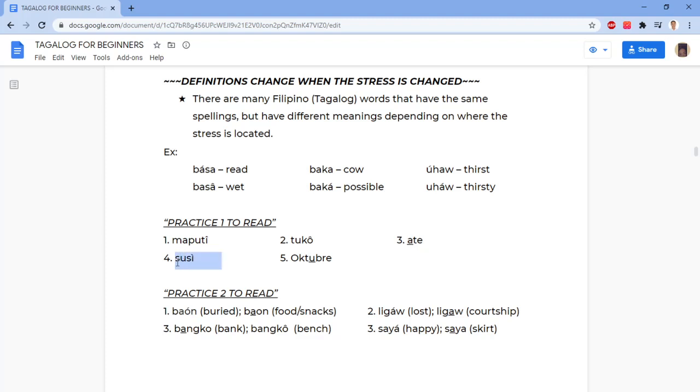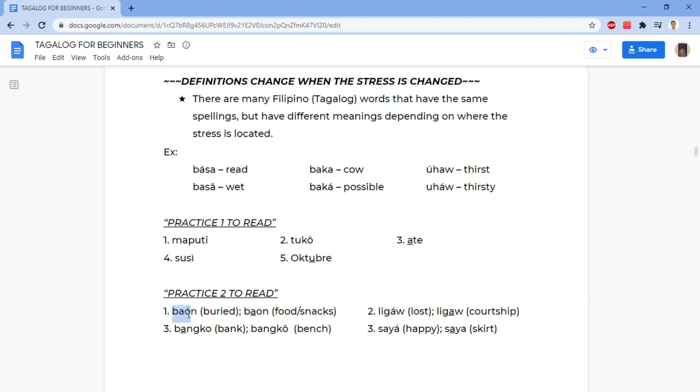Next is susi, susi. Last is default, octubre, octubre. If you have a default stress, I consider this also like pahilis, with a little bit of high pitch. This time is about definitions that change when the stress is changed.